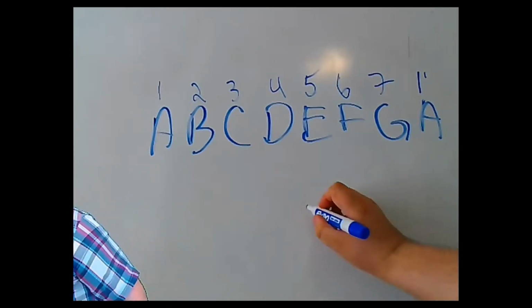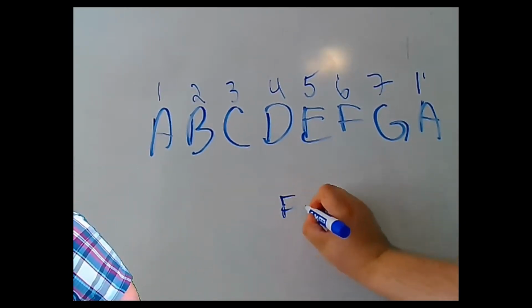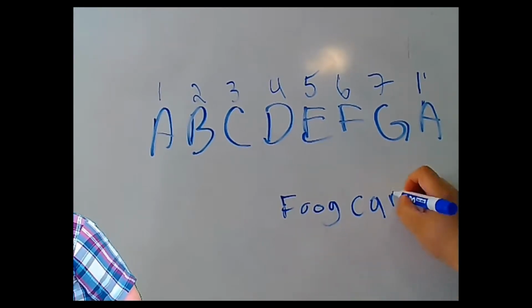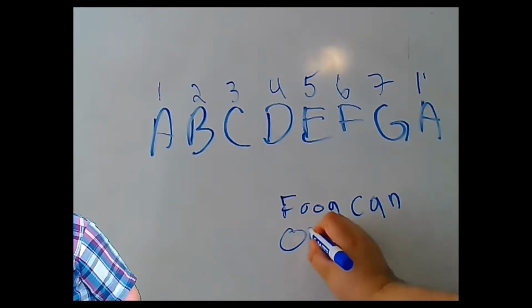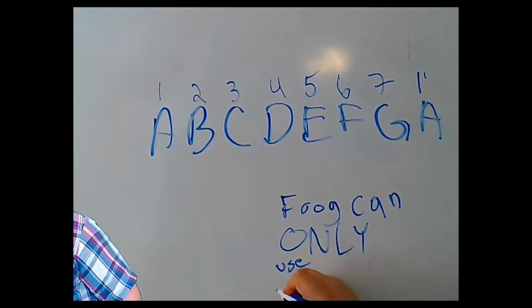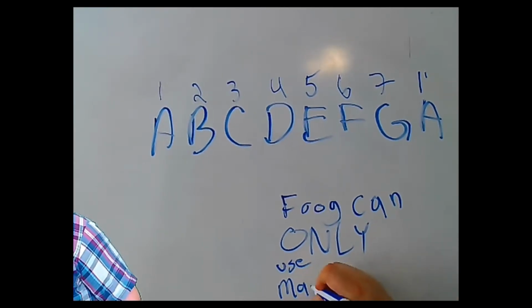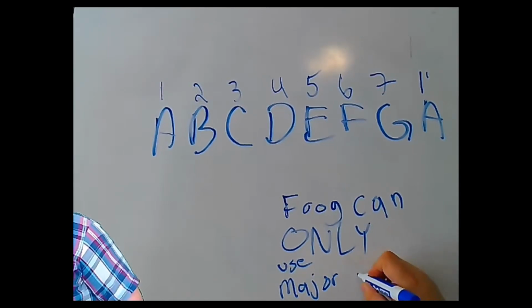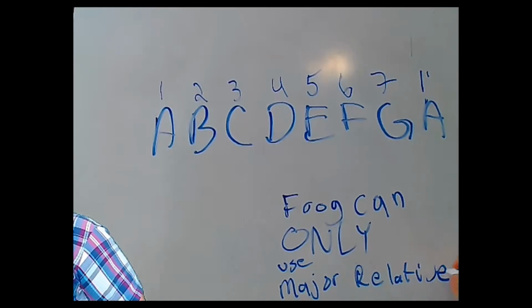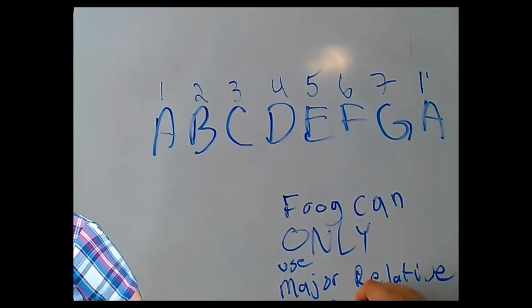So, frog can only use major relative info.